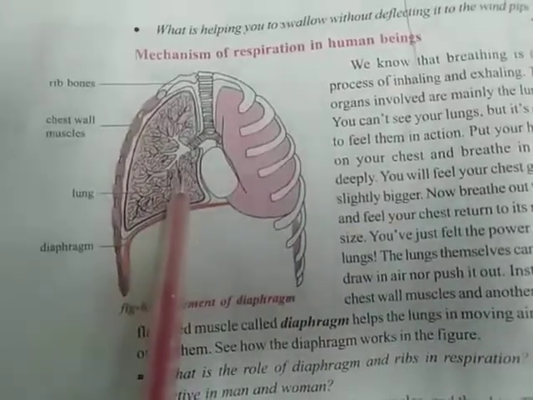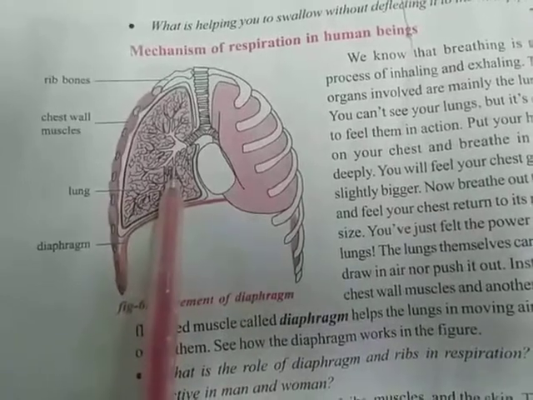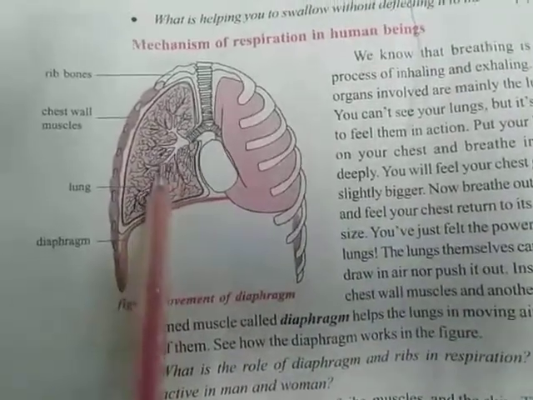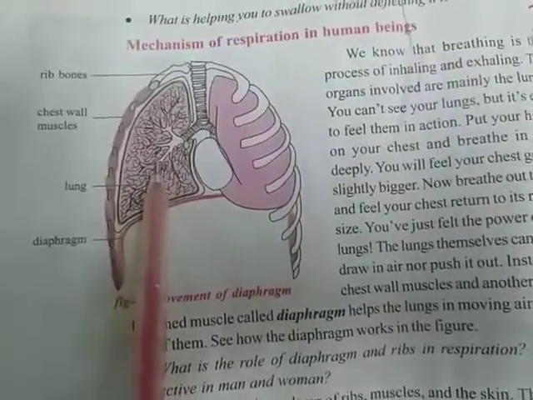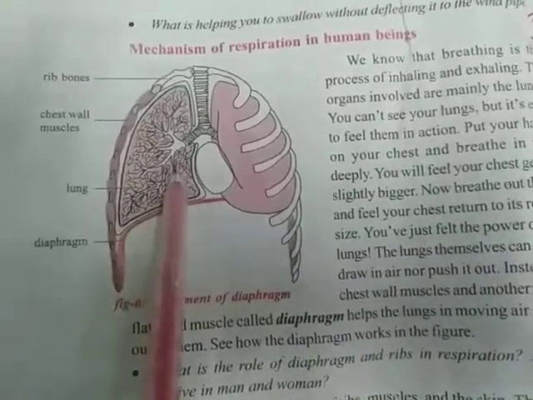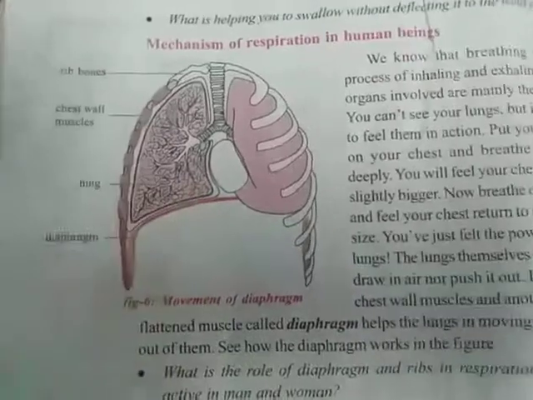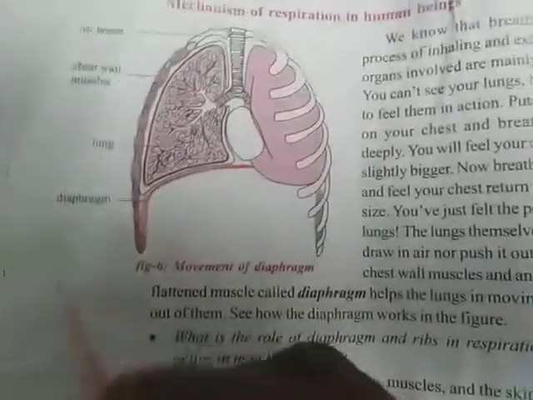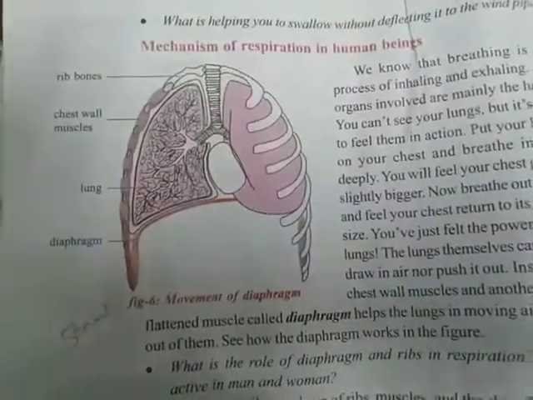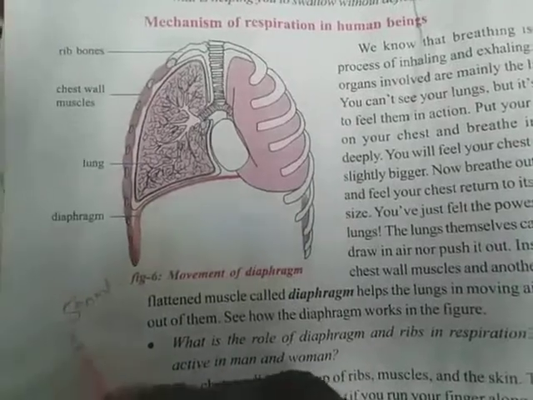Next, our lungs' capacity is 5800 ml. Our lungs can store up to 5800 ml of air. During inhalation and exhalation at the time of the resting period, our lungs can have 500 ml of air in them.